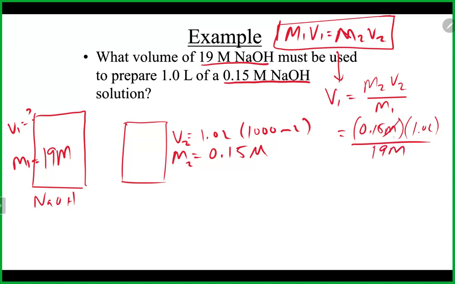Once again, when we do that, this molarity is going to cancel. And because I went in with liters here, my answer is going to be in liters when it comes out. If you went in with milliliters, your answer would be in milliliters. 0.15 divided by 19, that's going to get me here 0.0079 liters, or approximately 7.9 milliliters.